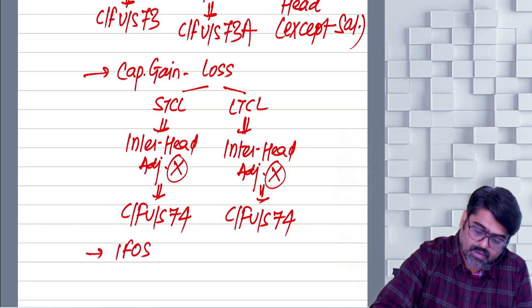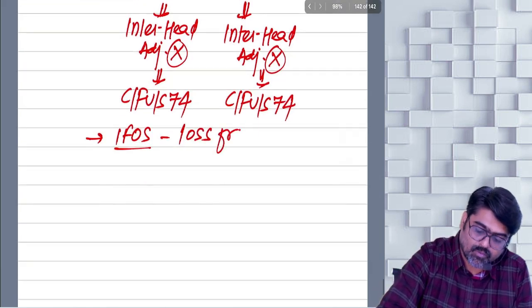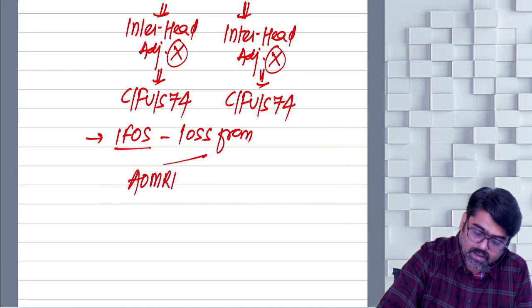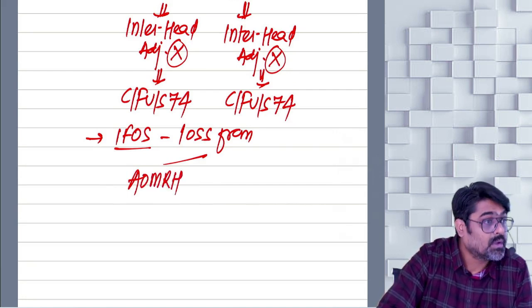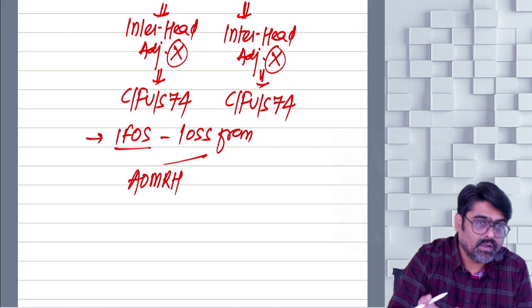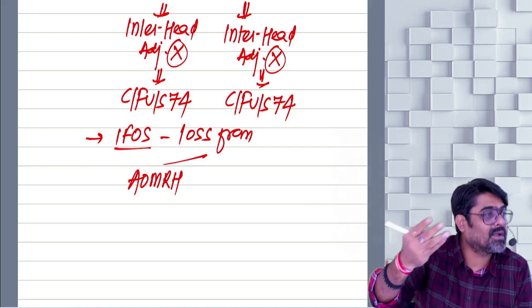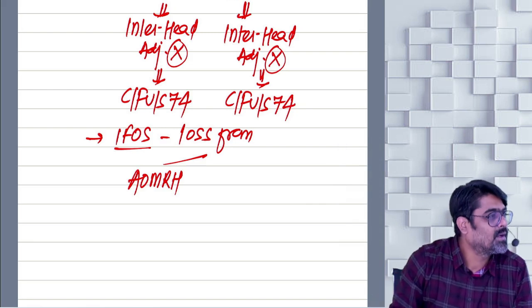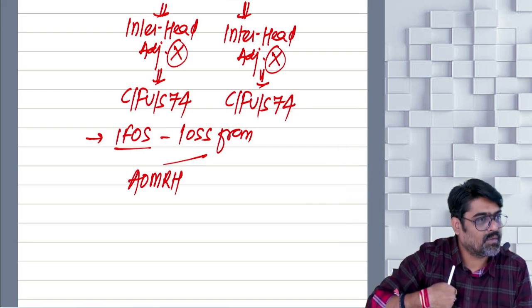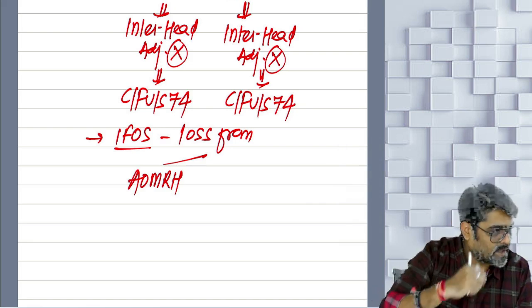Income from other sources. Loss can be there. Loss from what? Activity of owning and maintaining racehorse. We don't allow it against other sources of income under the head IFOS. Will we allow this against any other head of income?